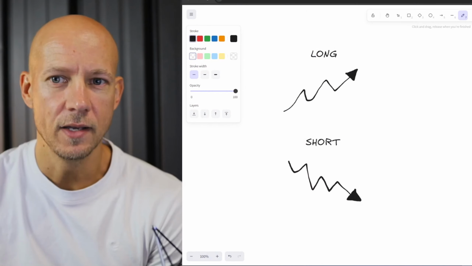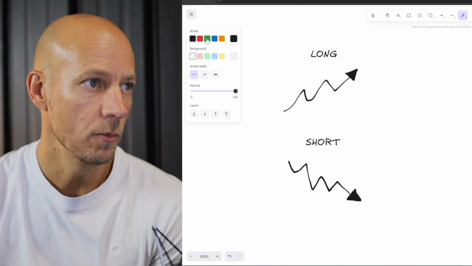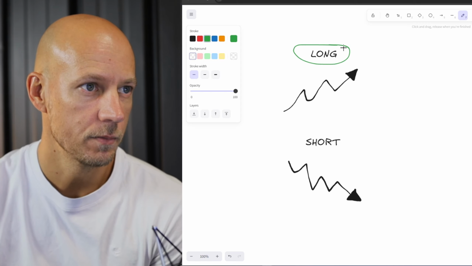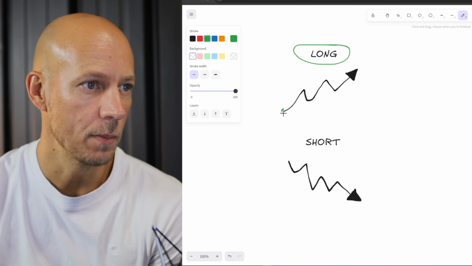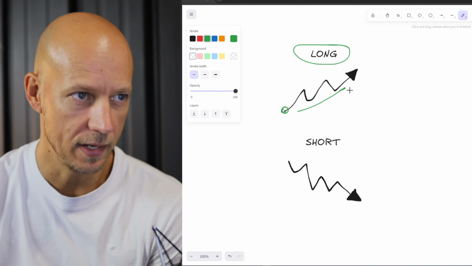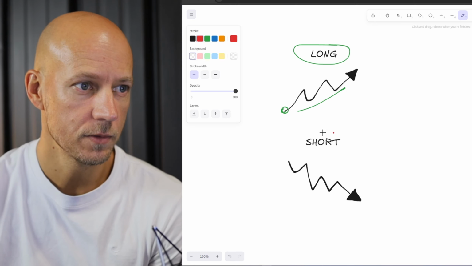Let's go. The most basic way traders make money is simple: buy low and sell high. That is the term called going long. When people say they are long the market, it's basically they bought here, and they want price to go up to make money. And then we've got the term short.